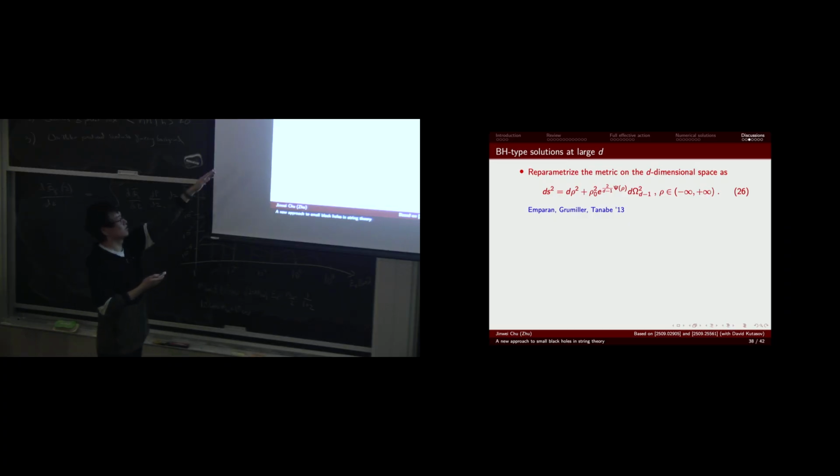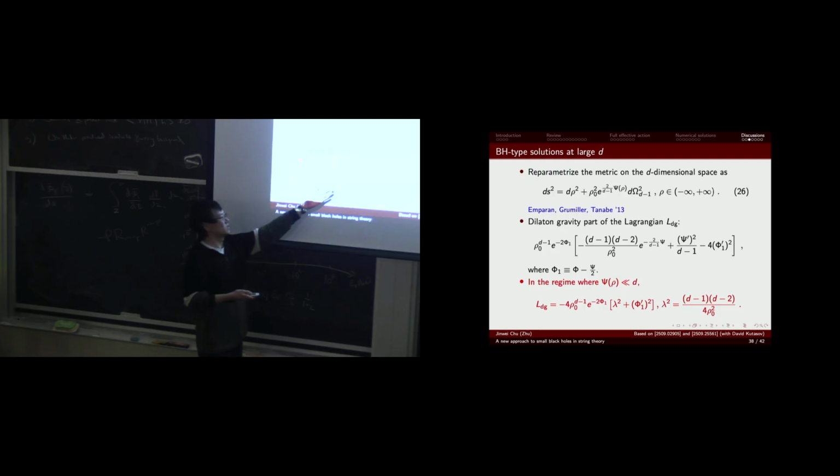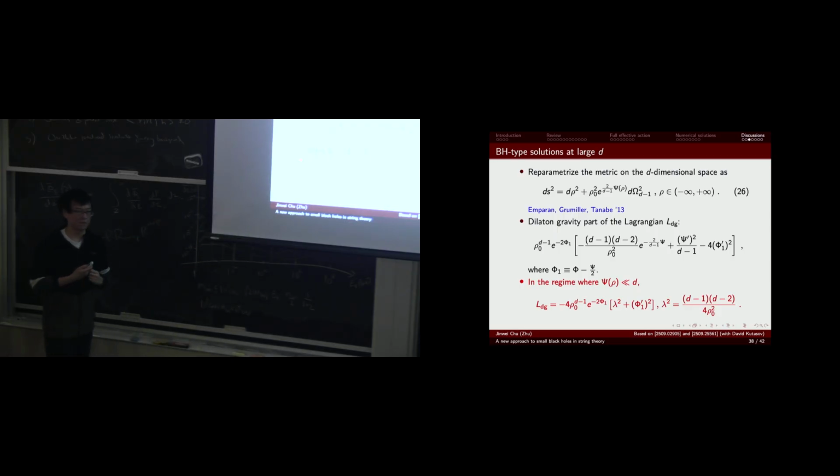And this rho naught is some arbitrary length scale. With this form, we can rewrite the dilaton gravity part of the Lagrangian. It is very complicated, so just forget about this. But the point is that in the regime where psi is much smaller than d, which we forgot to mention, we can only say that there exist solutions which are analogs of black holes at large d.